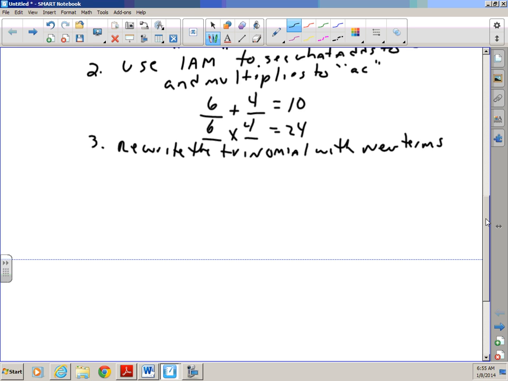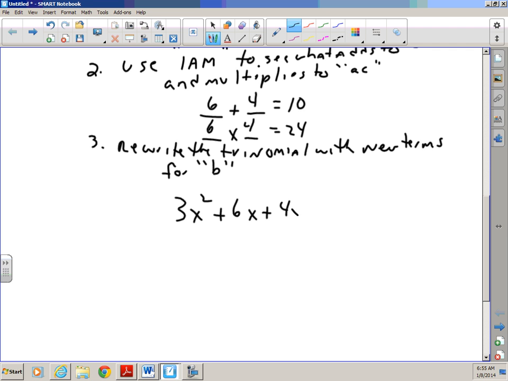So we're going to rewrite the trinomial with the new terms for b. So now it's going to be 3x squared, and instead of 10x, we're going to use the 6 and the 4: plus 6x plus 4x plus 8.